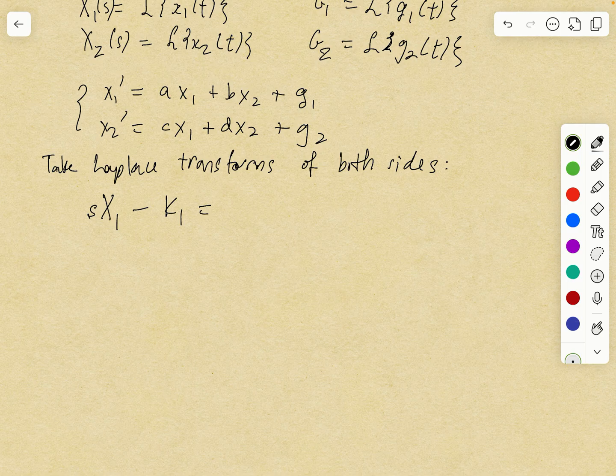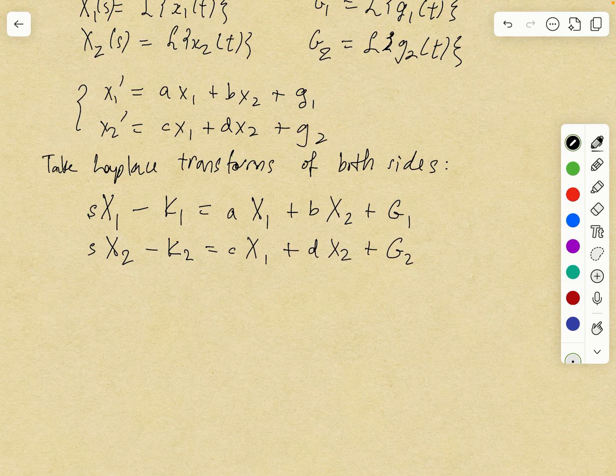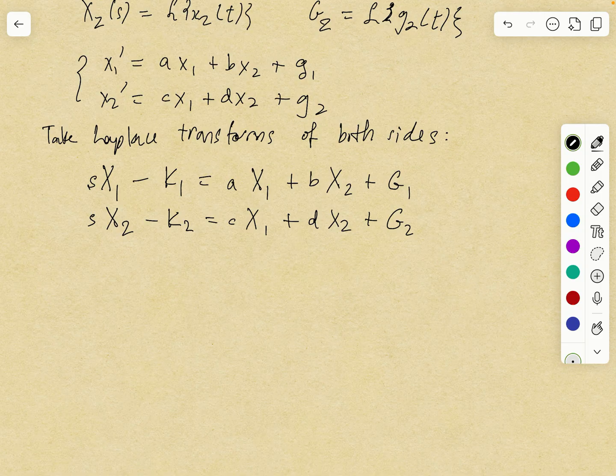So I just get A times the Laplace transform of little x1, that's capital X1, plus B times capital X2, plus the Laplace transform of little g1, that's capital G1. Similarly, I have s capital X2 minus capital K2 equals C capital X1 plus D capital X2 plus capital G2. That's the equation I get by taking the Laplace transform of the second equation.